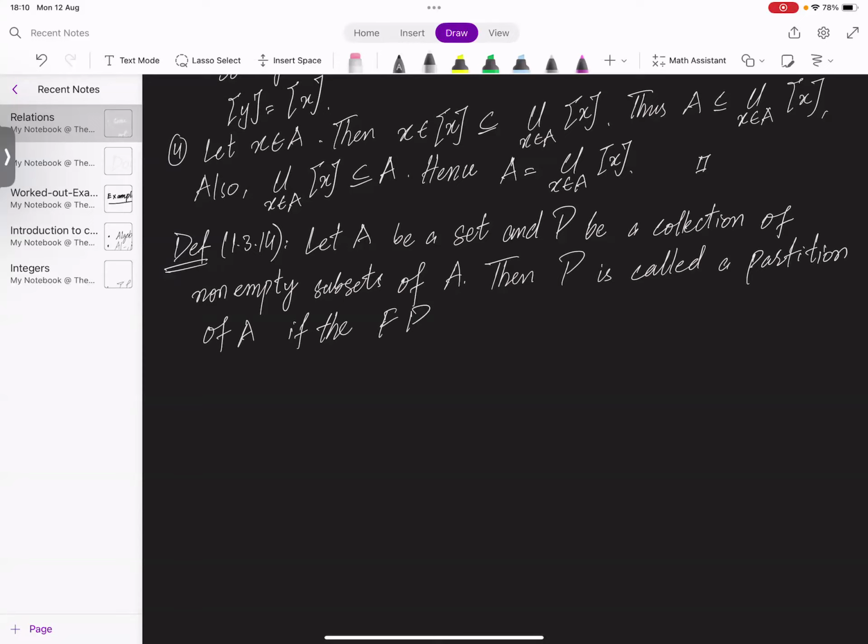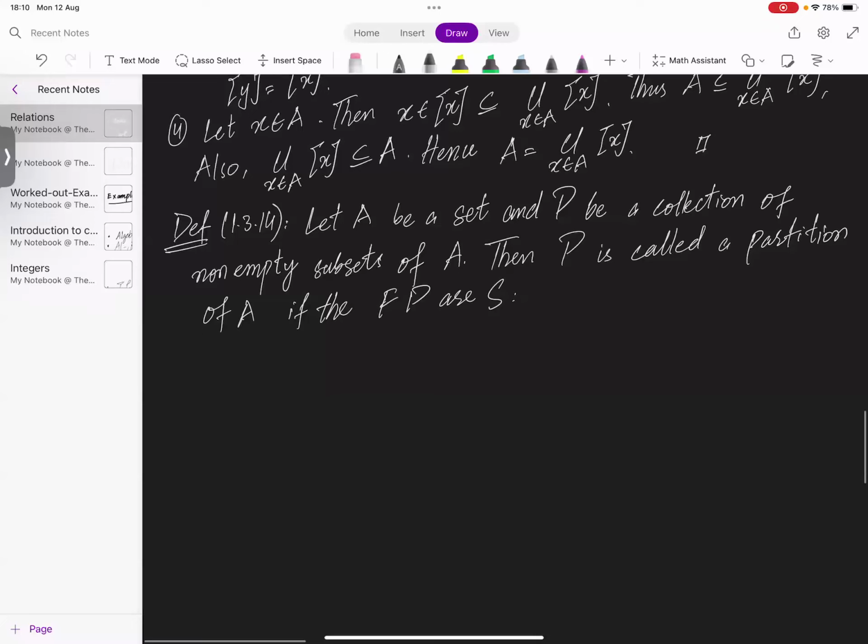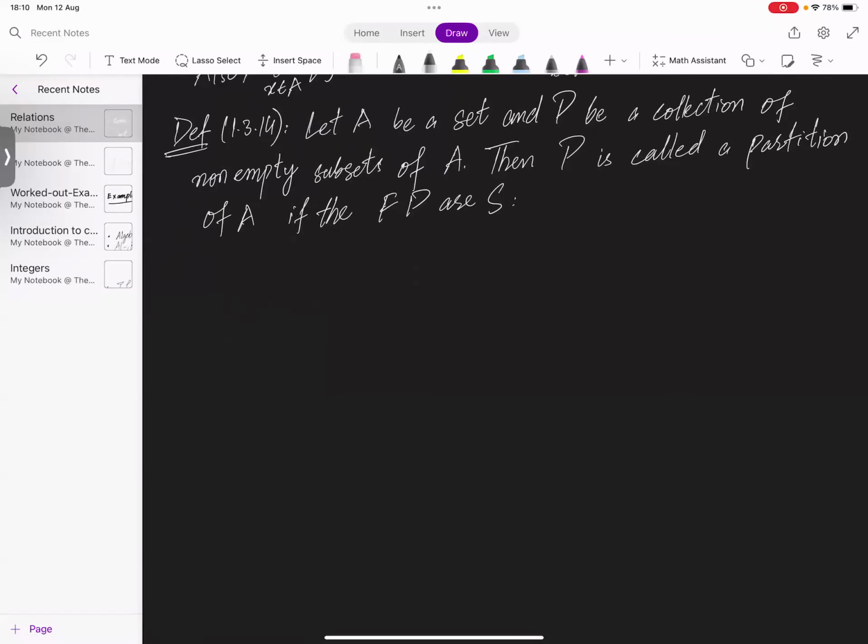Again, the following properties are satisfied. Number one, for all B, C inside this partition P, inside the collection of non-empty subsets of A, either B is equal to C or B and C have no common element.